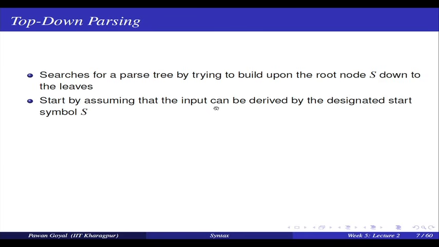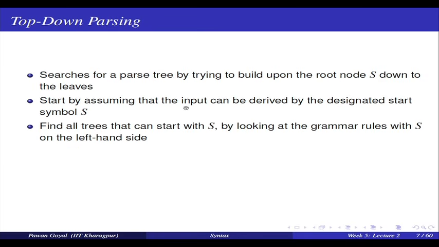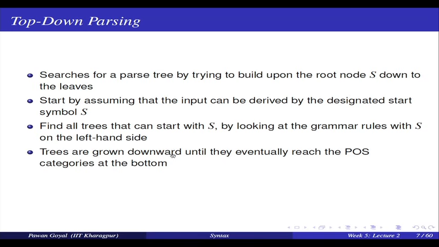Start by assuming that the input can be derived by S, then find the trees that start with S, looking at the rules that have S on the left hand side, because what are all the different things that S can derive. Now when you are going downward in your tree, once you obtain the part of speech category, you will see if that matches the word in the leaf nodes. If it is not matching, you will go back and try some other path.